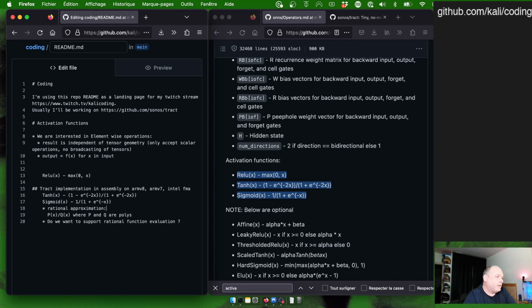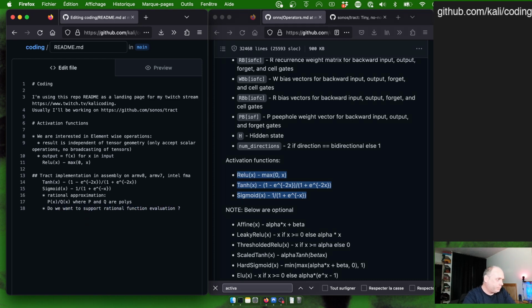So all of this means that maybe we could factorize all of these rational approximations into one single bit of assembly, which would allow implementing ARMv8 just by providing the new coefficients. So that's basically one idea. But it's a bit more complicated than some of the functions that we are going to consider. So I'm not 100% sure we want to go there.